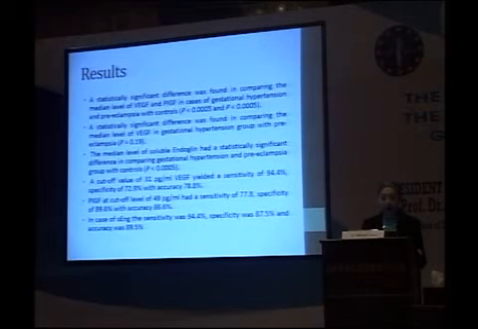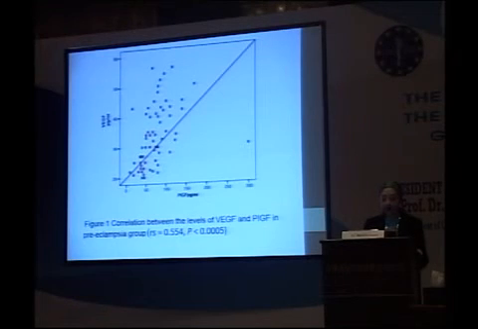Placental growth factor at a cutoff level of 49 picograms per milliliter had a sensitivity of 77.8%, specificity of 89.6%, with accuracy of 86.6%. In case of soluble endoglin, the sensitivity was 94.4%, specificity was 87.5%, and accuracy was 89.5%.